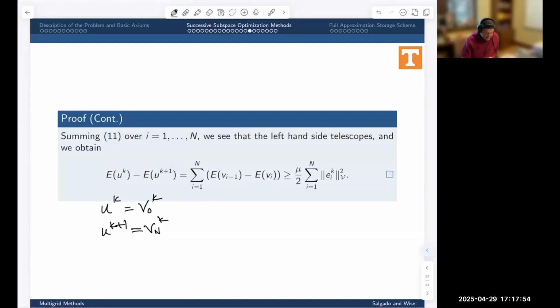So I can rewrite that using these two v's, but then I can just put in between them energies of the intermediate values and realize that it telescopes. So in other words, I can rewrite that simple difference as the sum of these differences, using these two very simple facts, and I'm going to put intermediate energies in between.